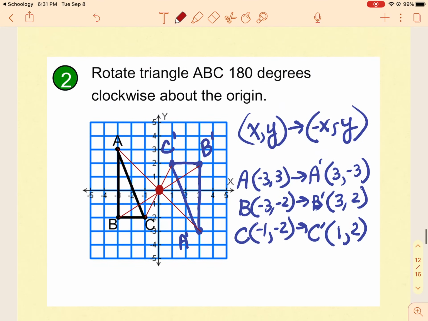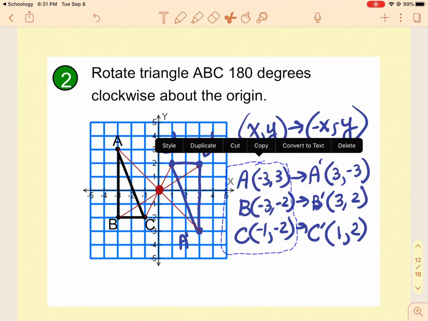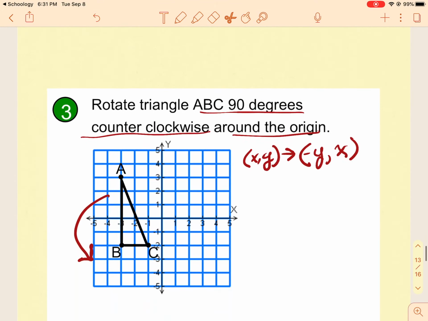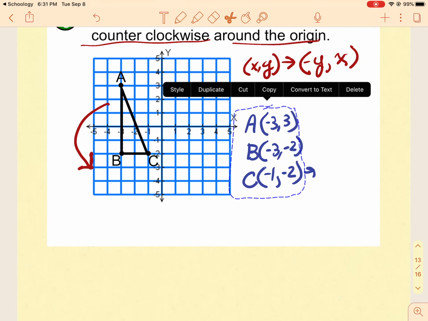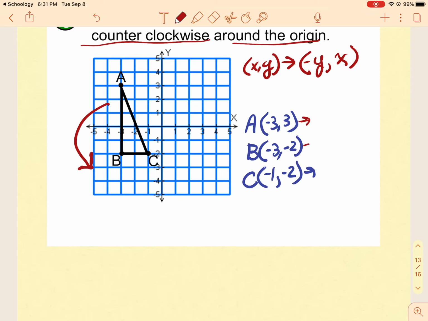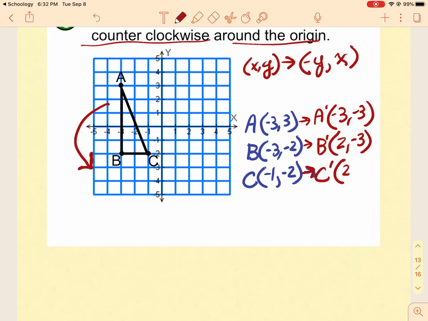So our original points right here. So our new ones should be at -3, -3, +2, -3, and then 2, -1.